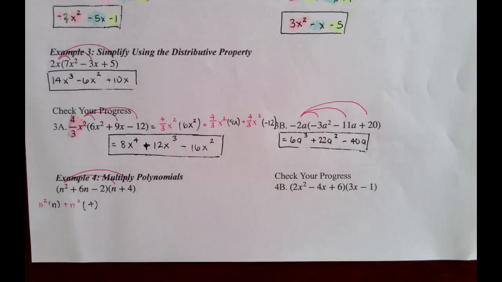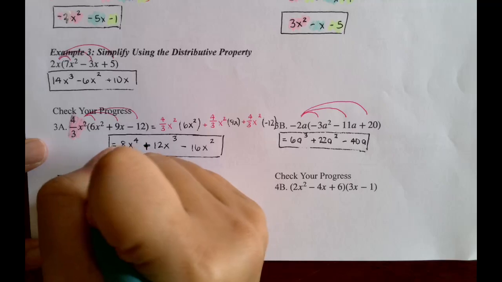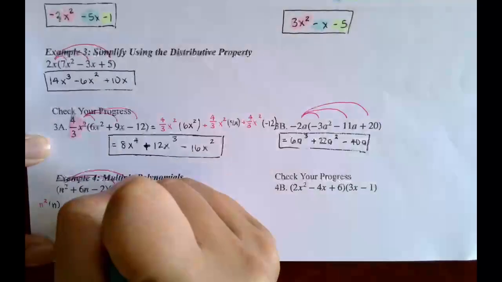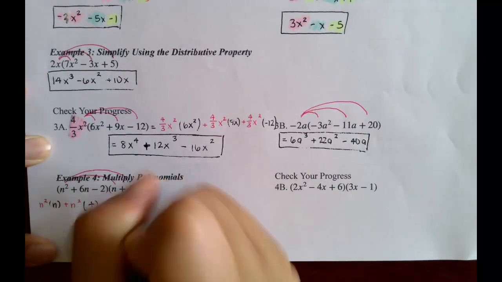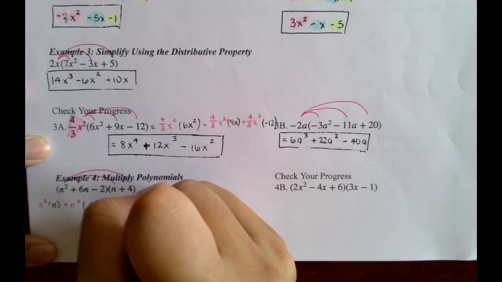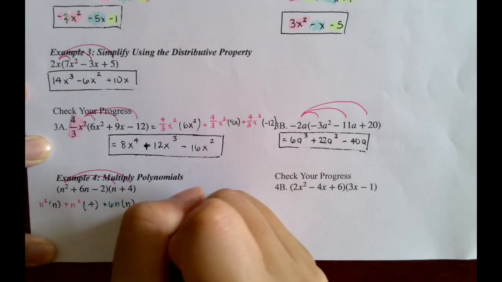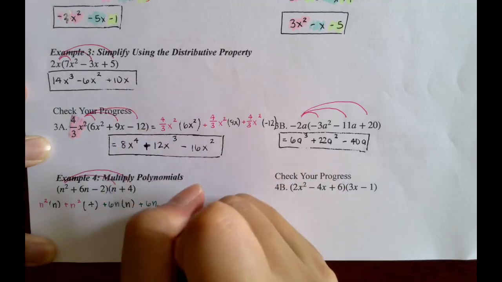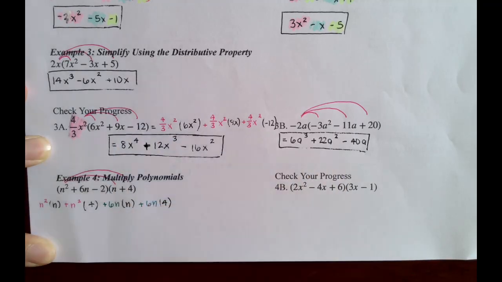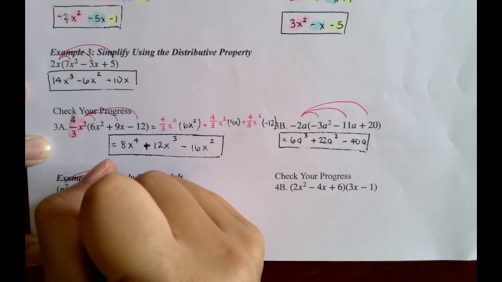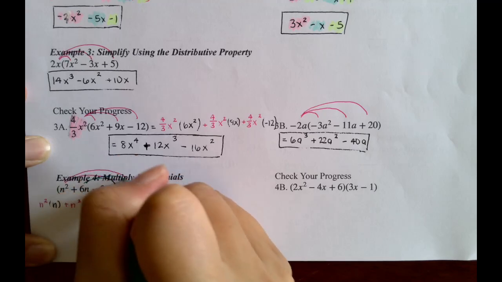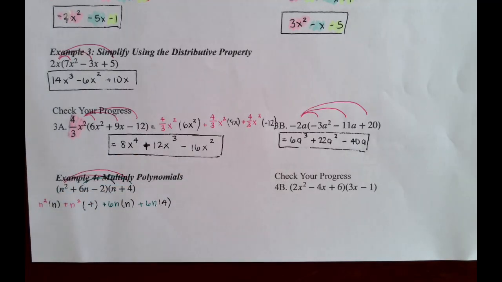Right? Then I can also do the same thing here. So 6n times n and 6n times 4. So here I'm distributing the 6n now to each of the terms in the next parentheses.